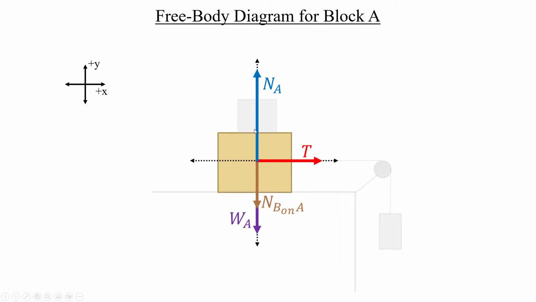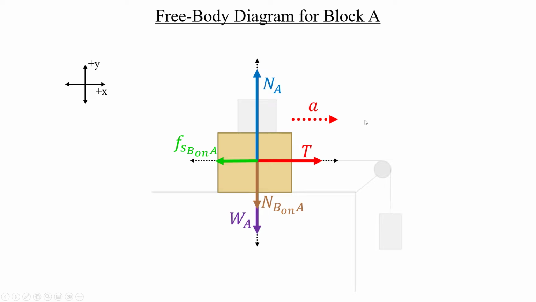And so since the blocks are moving to the right, this static frictional force has to point to the left. And one other thing we can include here before finishing up block A is the acceleration, which also points to the right, showing the net motion of the way the blocks are moving.